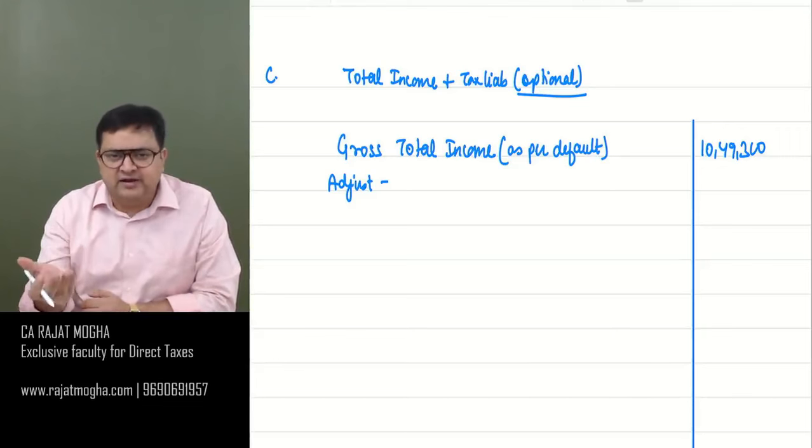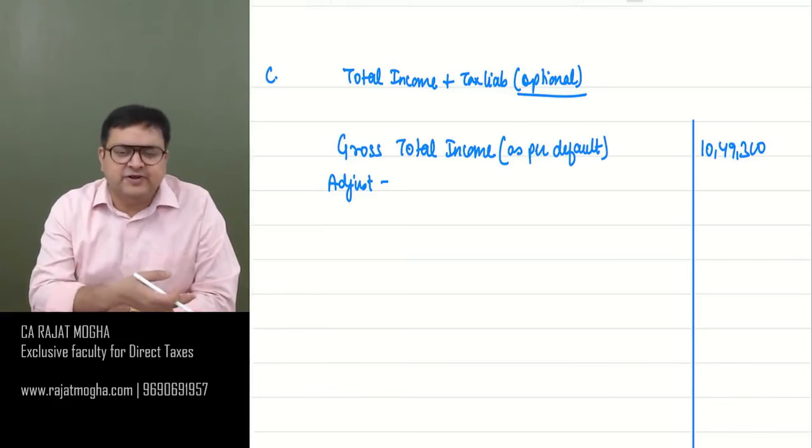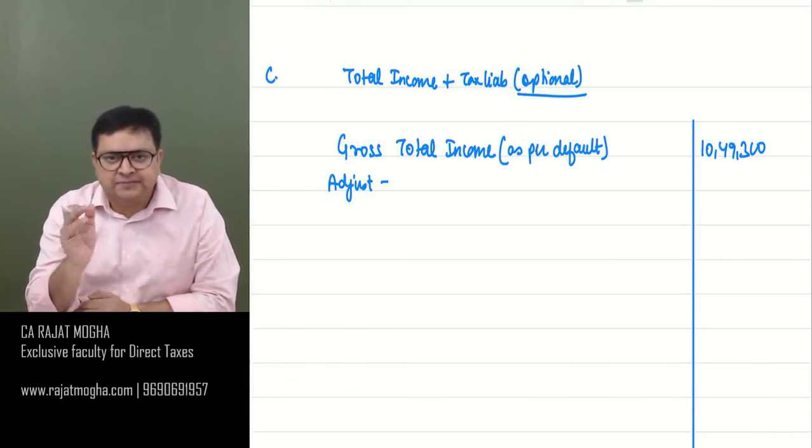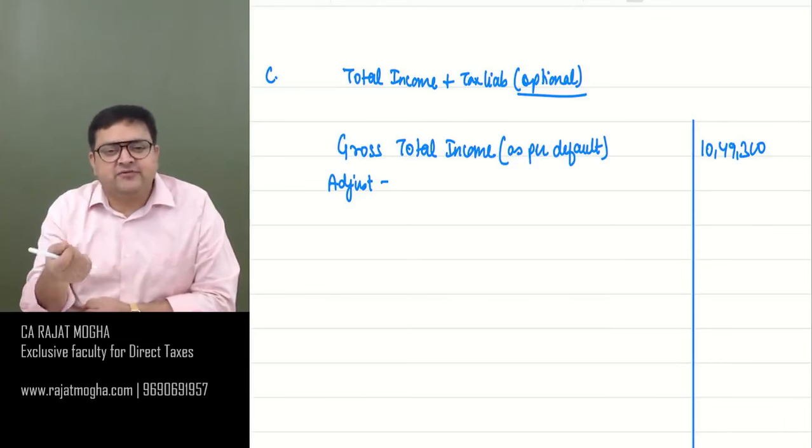It's a very, very minor difference. In salary, there is only a minor difference. Generally, standard deduction: there it is 50,000, there it is 75,000. There are some allowances also where there is a particular difference. In house property, generally for self-occupied property, the interest is a difference. In default, we don't allow that interest, but in optional, we allow self-occupied property interest.